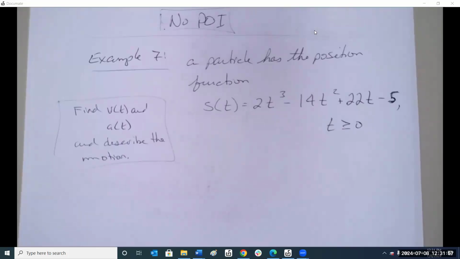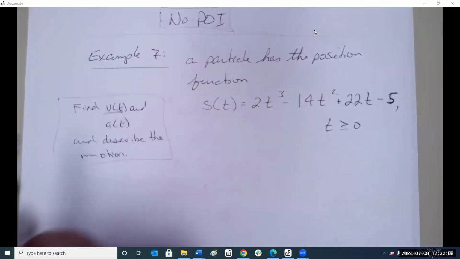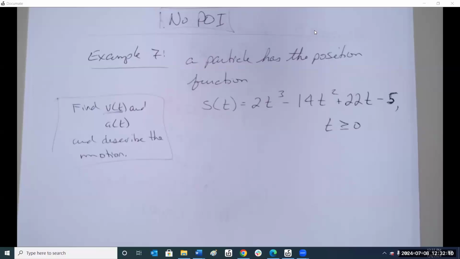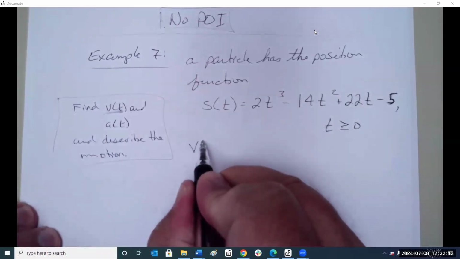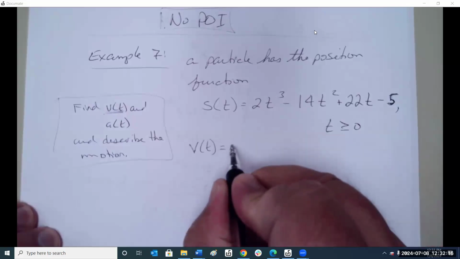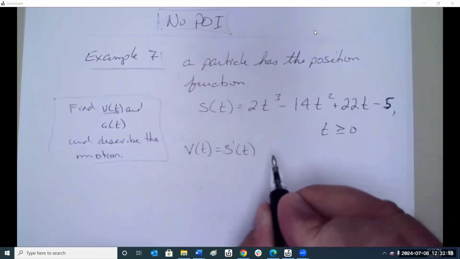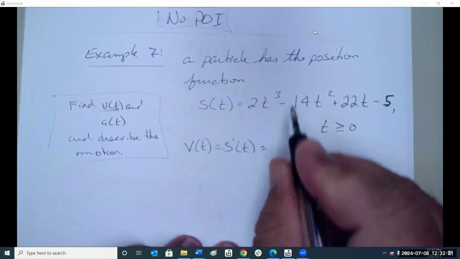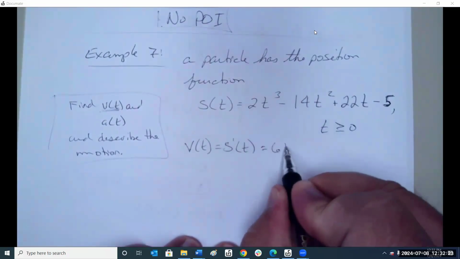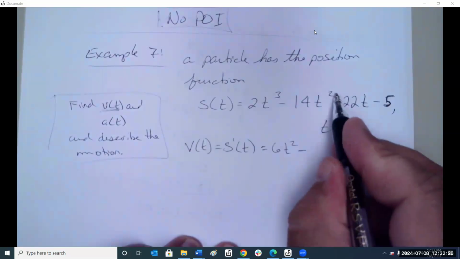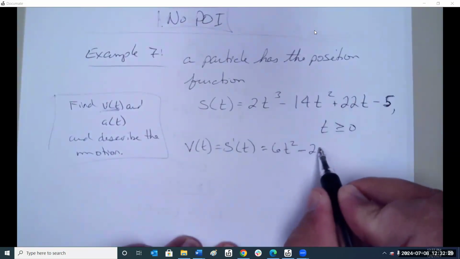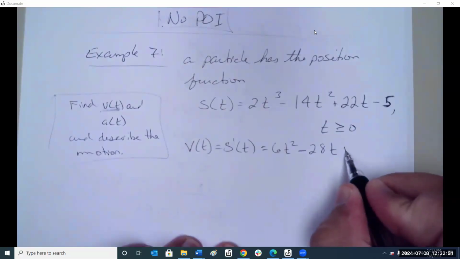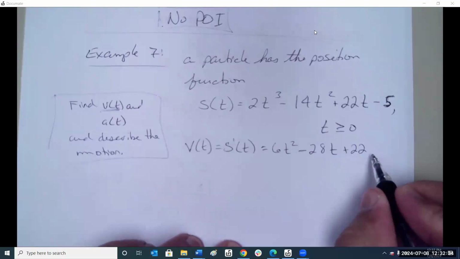What's the first step? We got to first find v. What is v? v is the first derivative of the position function, which becomes, carry the 3 down, 3 times 2 is 6t squared, 2 times 14 is 28t plus 22.